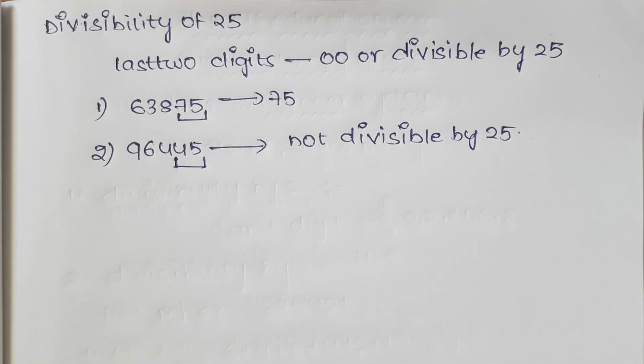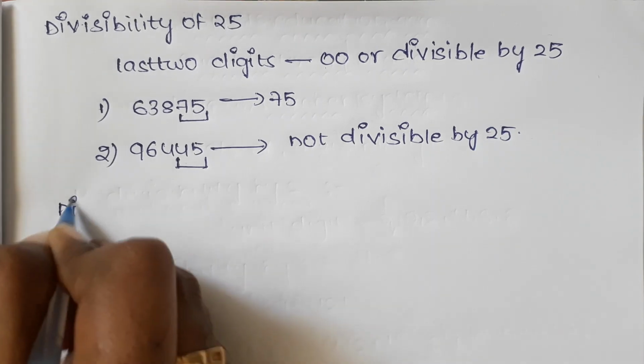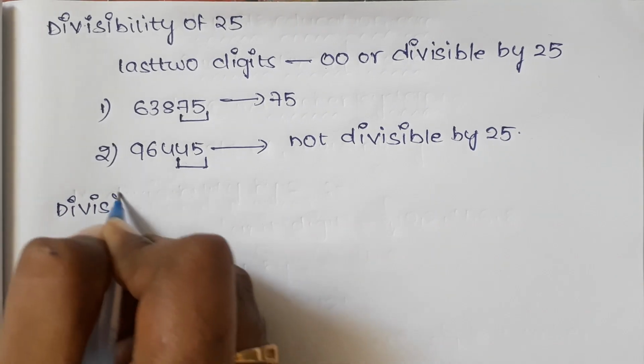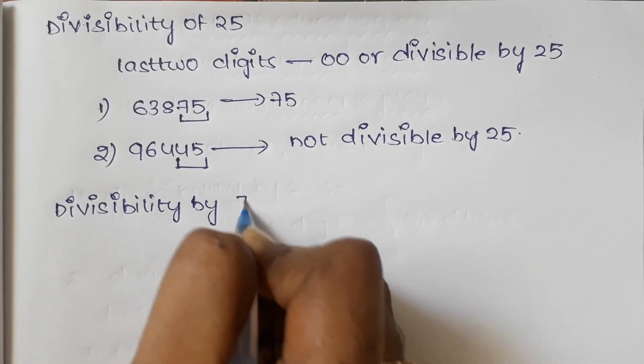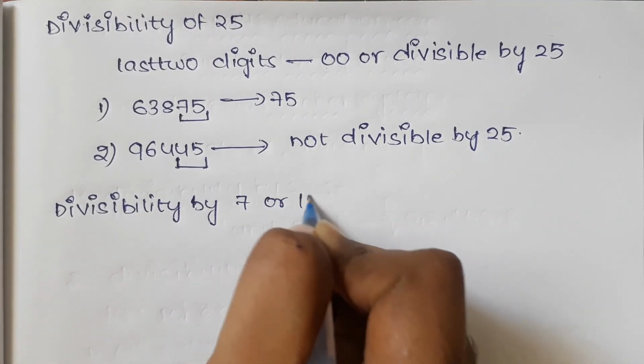And let us see the divisibility of 7 and 13. Here we have divisibility by 7 or 13.